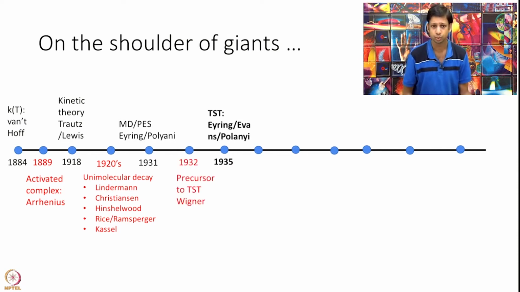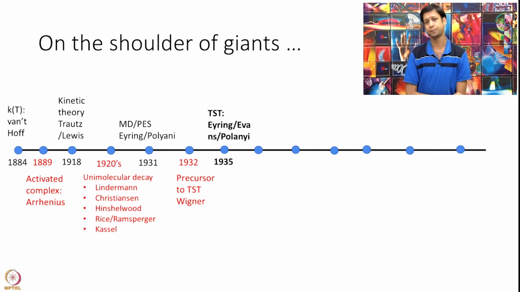1931, 32 and 35 saw some very important works. In 1931, the idea of doing dynamics came from Eyring and Polanyi. Building on that idea, in 1932 Wigner gave a theory which is the precursor to TST, and in 1935 two different papers came simultaneously, one by Eyring and the second by Evans and Polanyi, so the credit is given to all three of them.